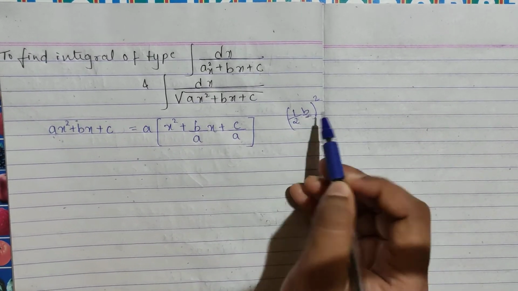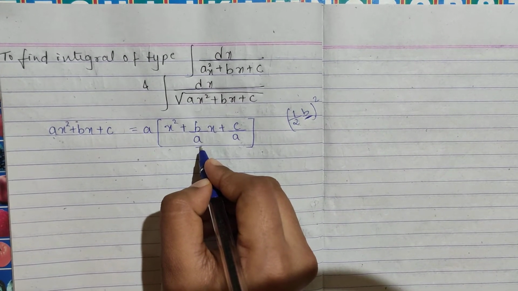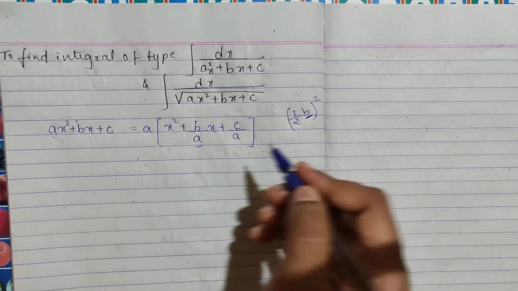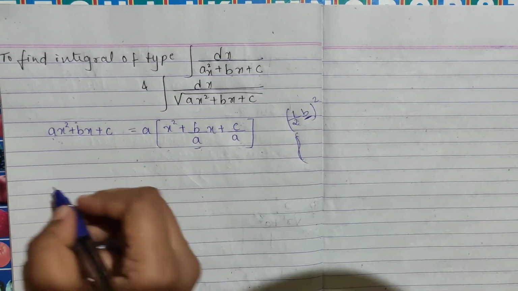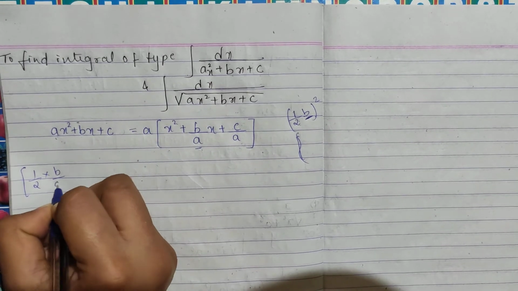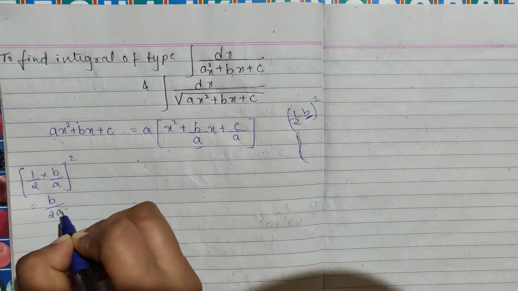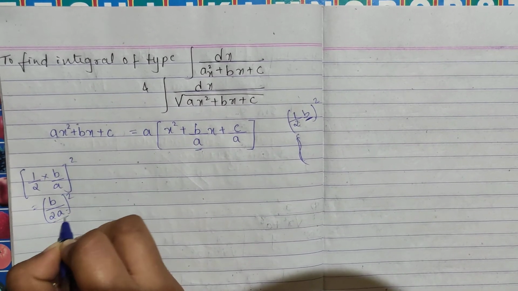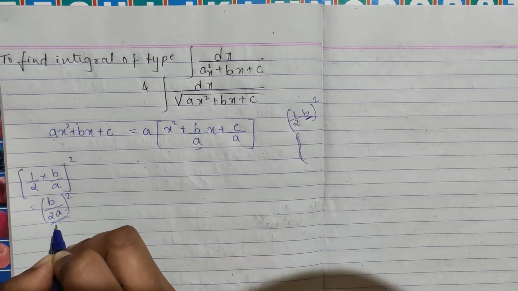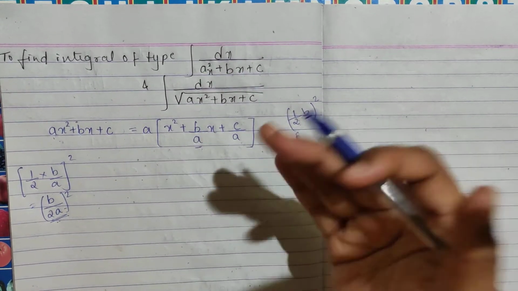Here b is the coefficient of your x. So here it will be b by a, and half of it gives b by 2a whole square. This term you have to add and subtract, whatever b is in your question.